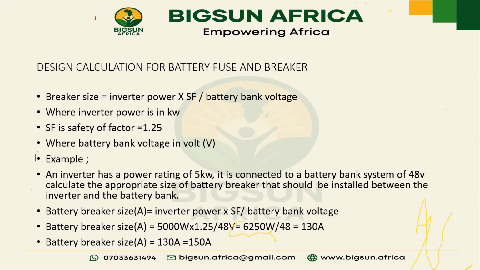So when you are working with a 5 kVA inverter, the breaker size you are going to use between your battery, especially if it's a 48 volt system, because most 5 kVAs are 48 volts, is 130 amps.